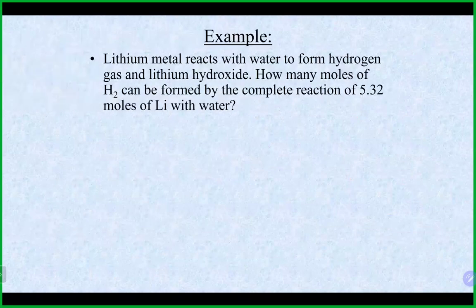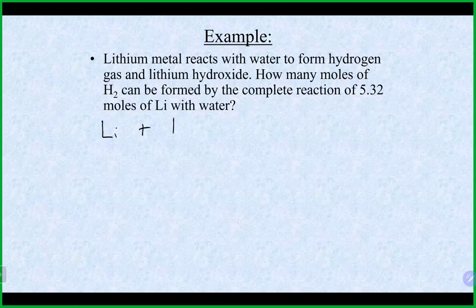So why don't we try one here? Lithium metal reacts with water to form hydrogen gas and lithium hydroxide. We want to know how many moles of hydrogen can be formed by the complete reaction of 5.32 moles of lithium with water. So hopefully you know this for the exam. Lithium is Li, right?